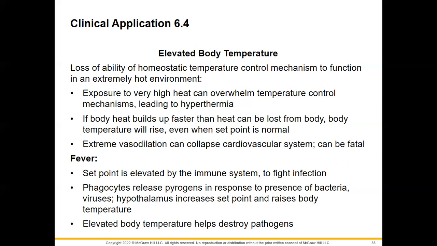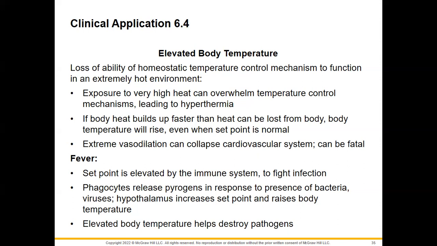Because of that elevated temperature, your phagocytes, the cells that gobble up things, will release pyrogens. Remember, pyro means fire or heat. Pyrogens are chemicals that the phagocytes release in response to the presence of bacteria or viruses. The hypothalamus then increases the set point so that the body temperature will increase.